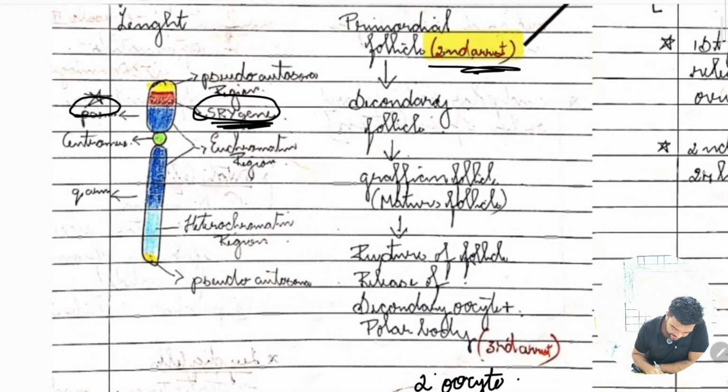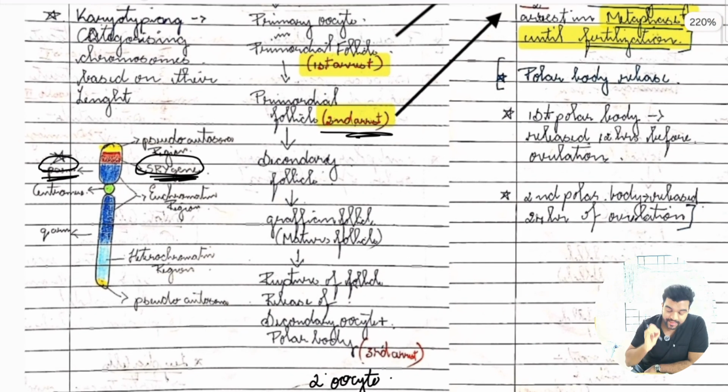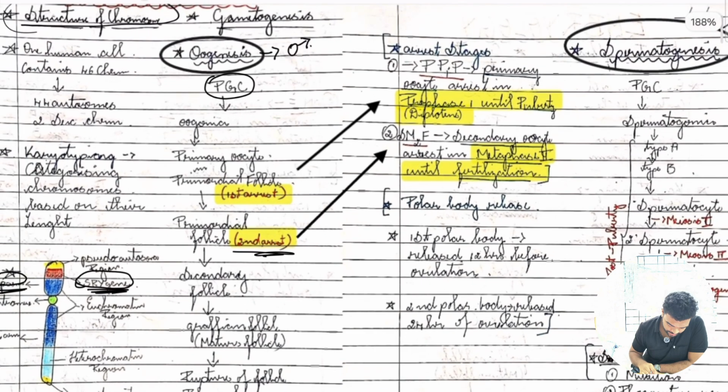This SRY gene is in the P arm of the chromosome. That is all and everything you need to know about the chromosome. Don't waste any time learning about any other things about the chromosome. That is all you need to know within a few hours of going into the exams: the SRY gene is in the P arm of the chromosome.